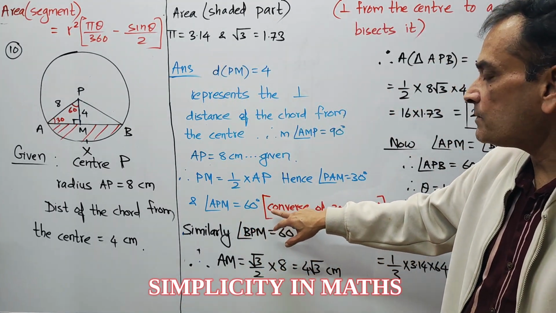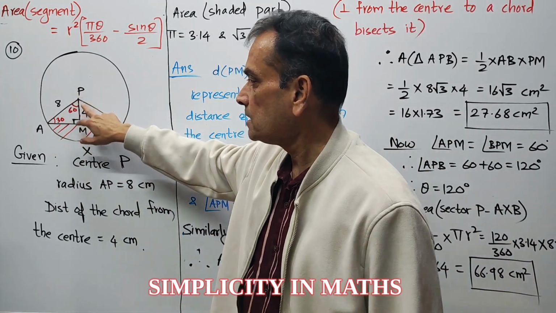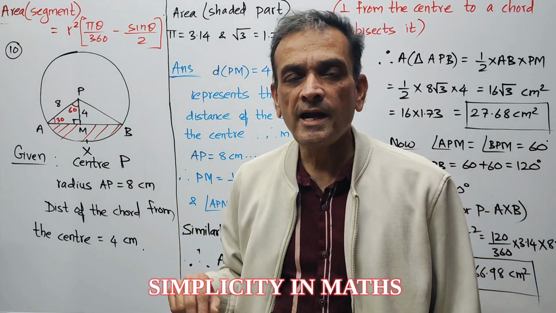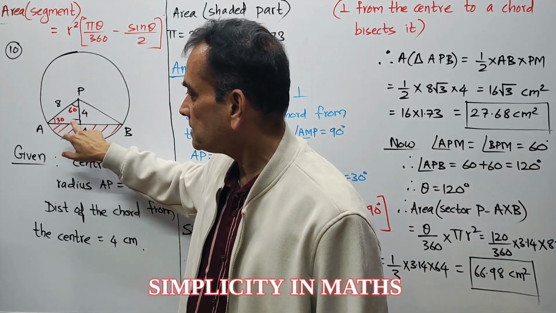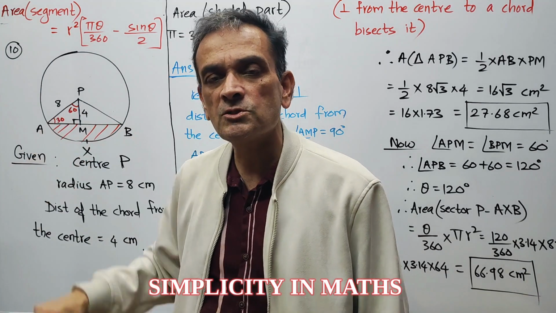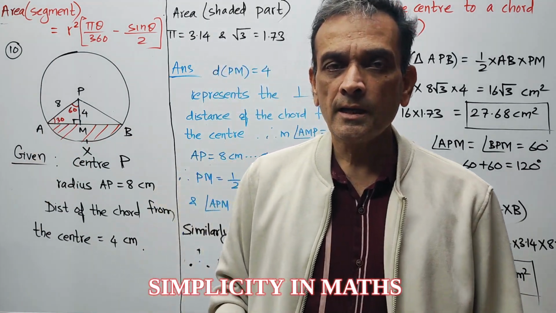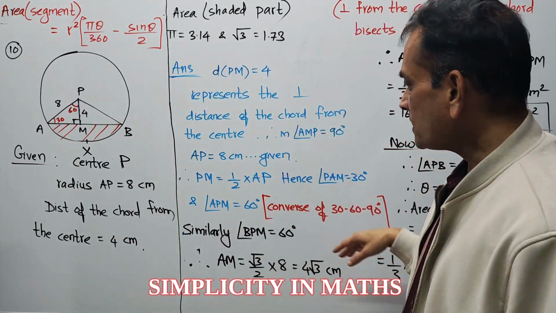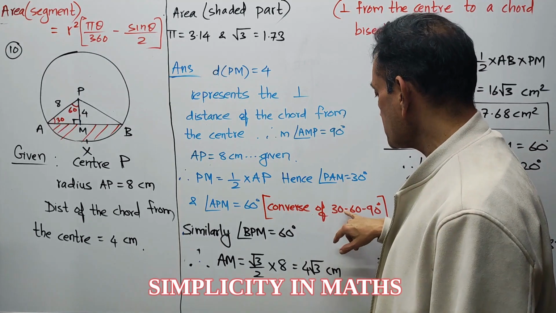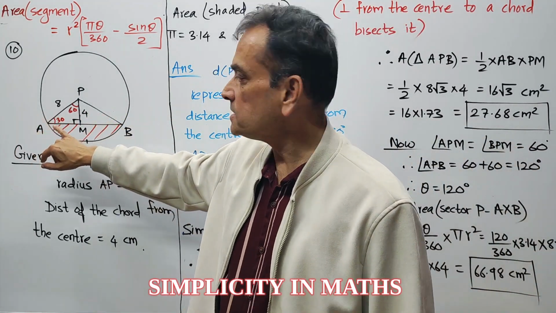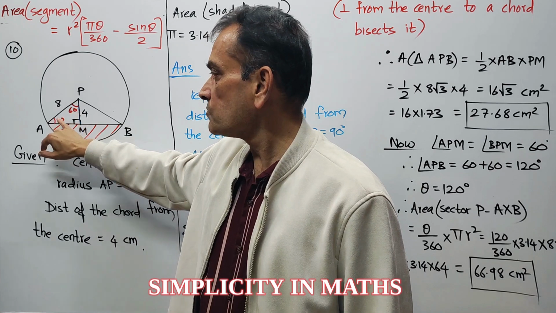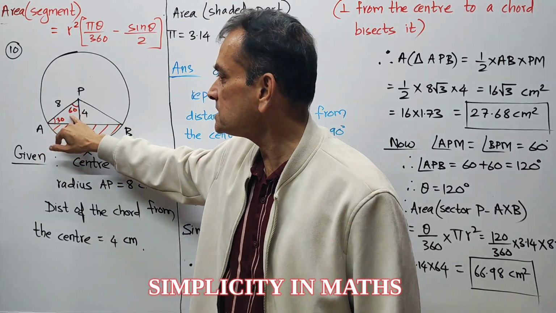Therefore, angle APM equal to 60 degrees. In any right angle triangle, if you get one angle as 30, the other as 90, the third angle has to be 60 degrees. So for all this, you can just write one reason: converse of 30, 60, 90 triangle. So first we got this as 30, therefore this is 60.